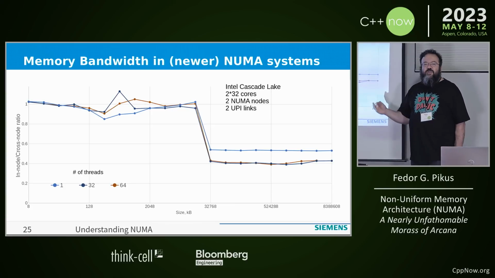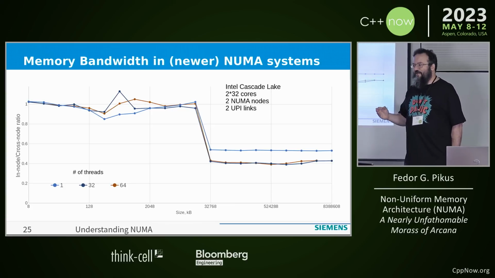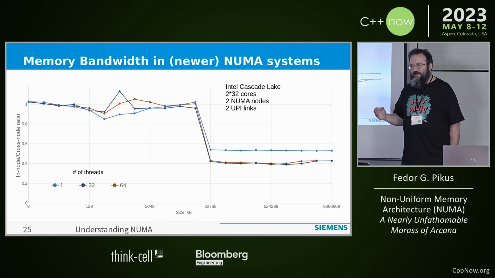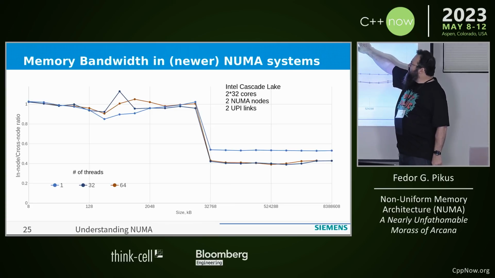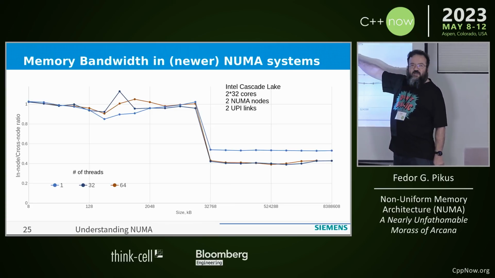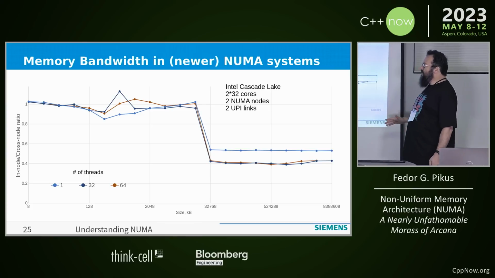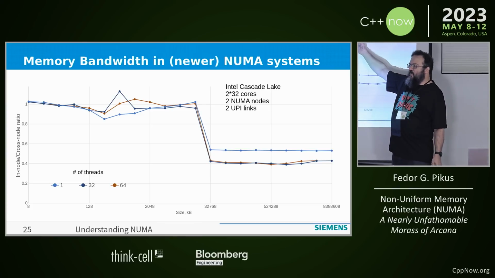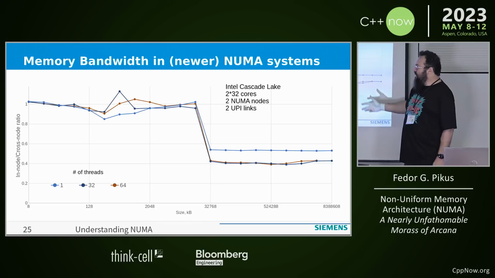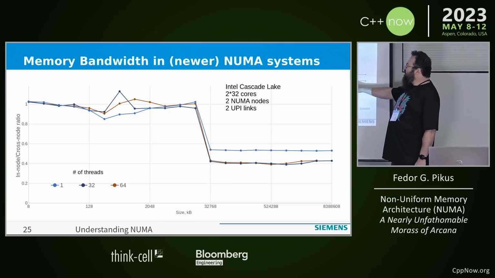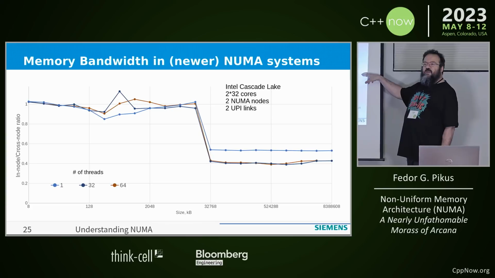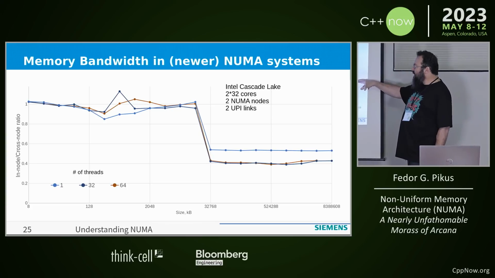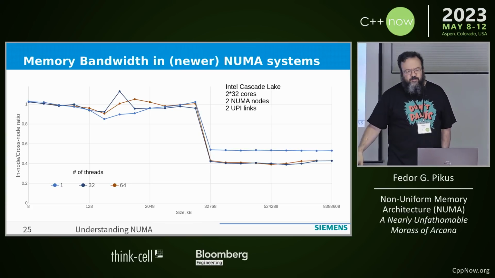Now, this is largely because in-node bandwidth on these systems is significantly higher. This doesn't give you the absolute numbers. But that's part of getting better performance from this chip. So you get better performance, but if you go across node, you start feeling the impact immediately. And of course, it gets worse as you go to more threads.